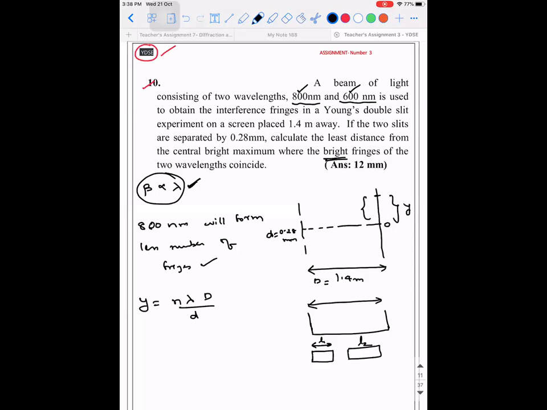So if I say the nth fringe is when lambda 1 is 800, if n fringes are formed in this gap, then when the value of lambda is 600, more fringes will be formed. So they will coincide when the value is (n plus 1) into lambda 2 into capital D divided by d.